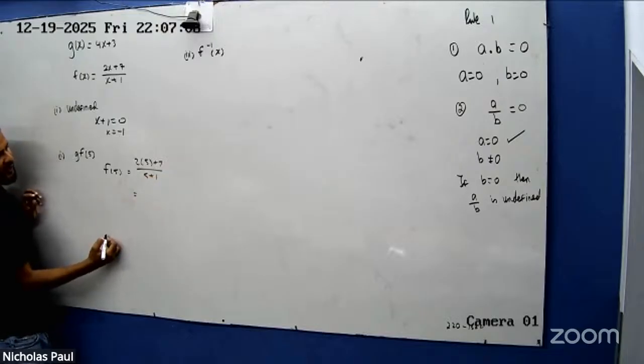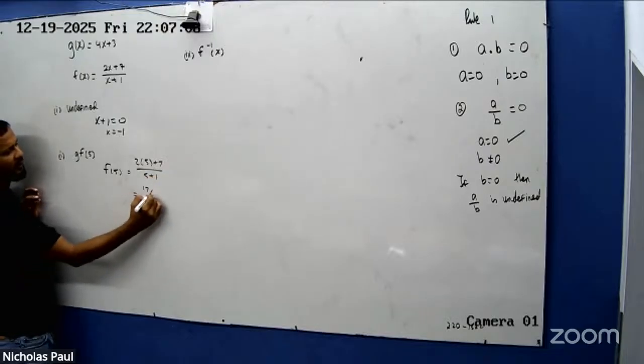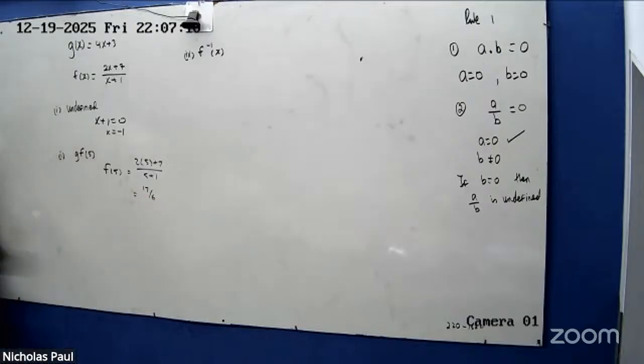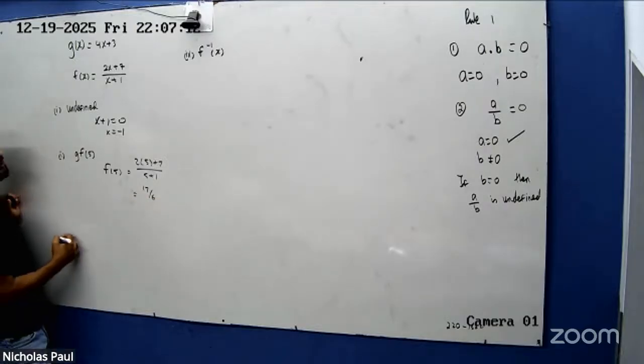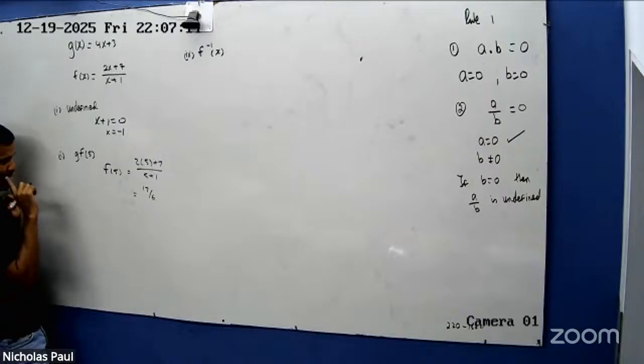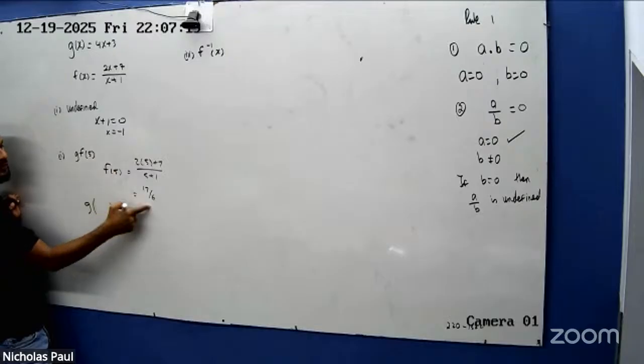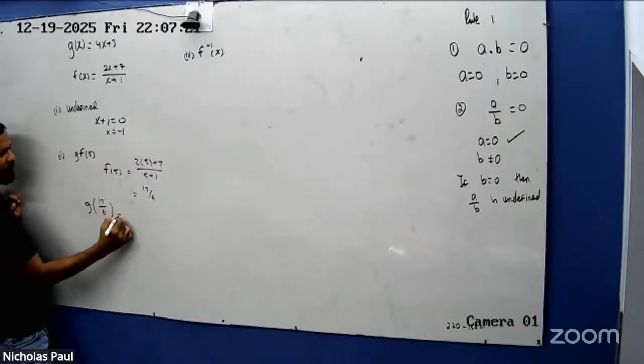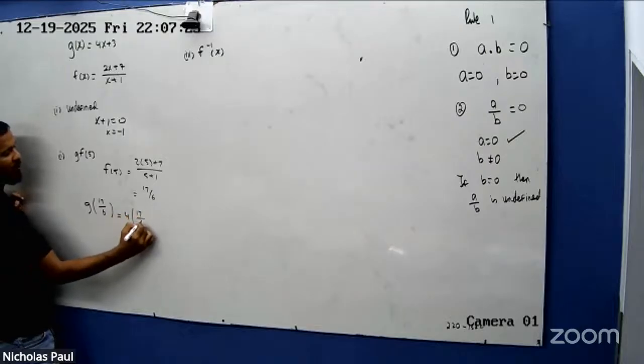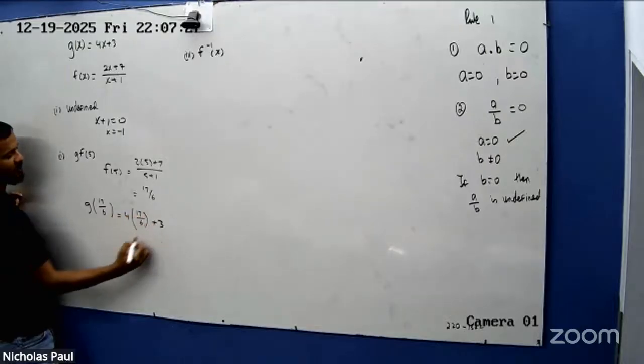So that's 17 over 6. Kind of lame, but we had to work with that. Now g of f of 5. F of 5 is 17 over 6, so g of f of 5 will be 4 by 17 over 6 plus 3.